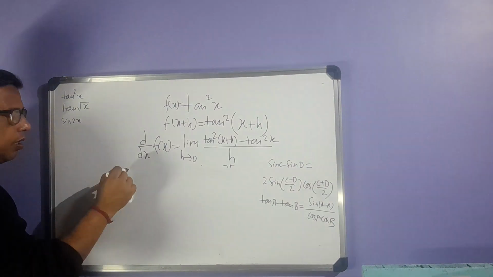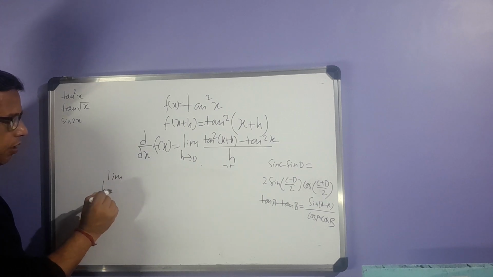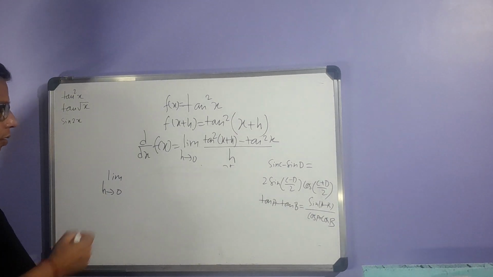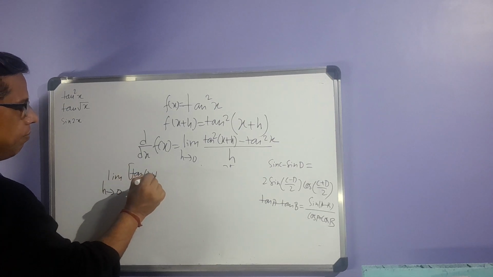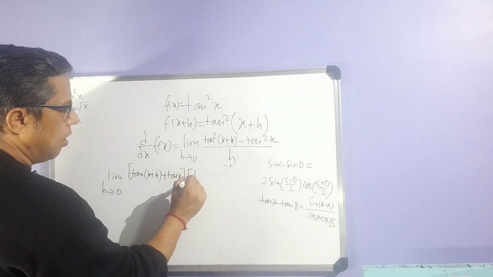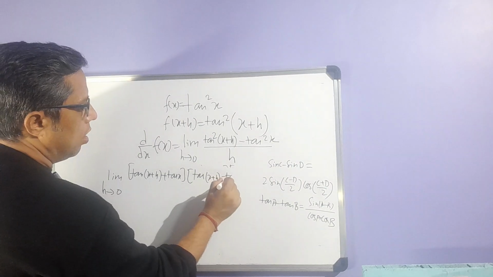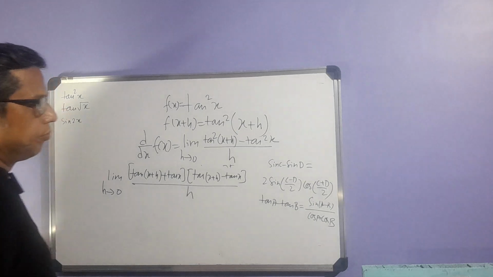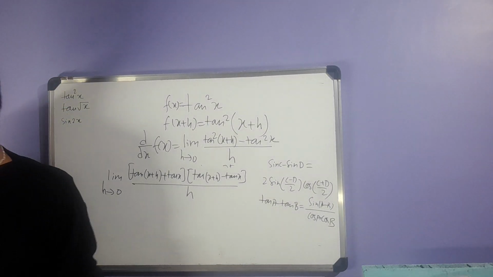So it will be limit h tends to 0 of tan of (x plus h) plus tan x, then tan of (x plus h) minus tan x, divided by h. Clear? So we are here now.